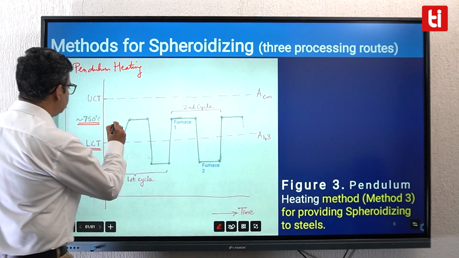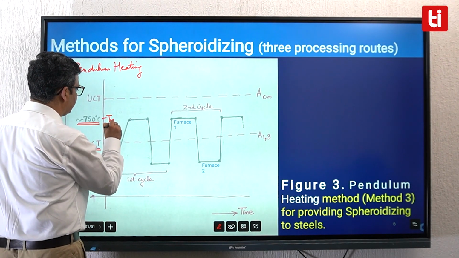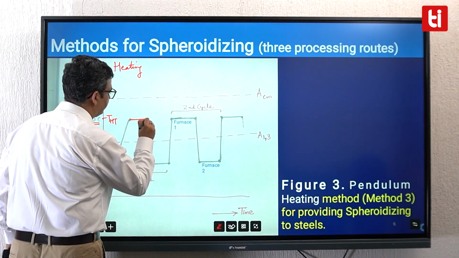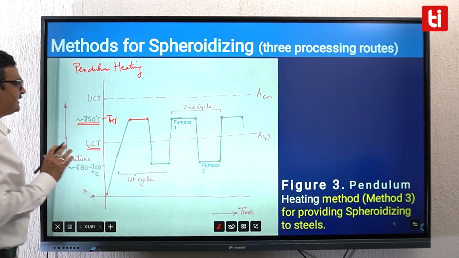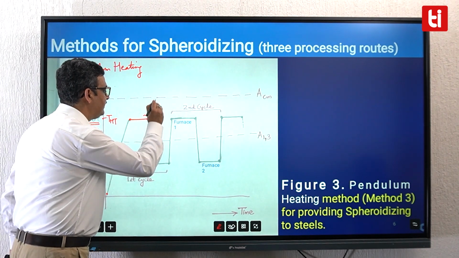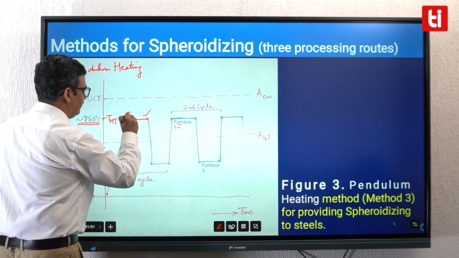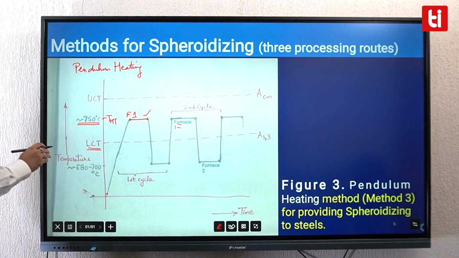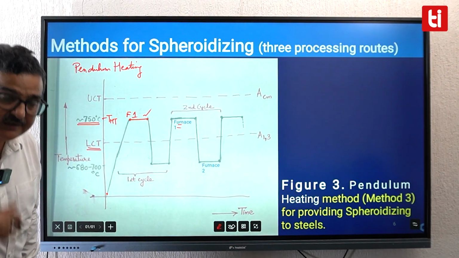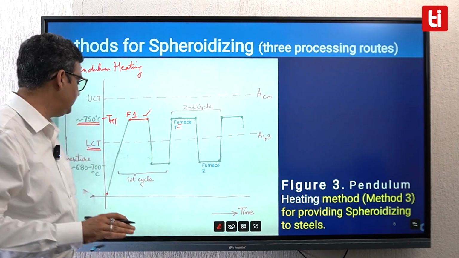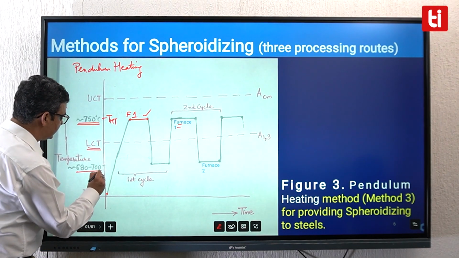You hold the steel at this heat treatment temperature for some period of time, and when that stipulated holding is complete, so this was achieved in furnace 1. Now the steel needs to be immediately taken to a temperature lower than the lower critical temperature of the steel, somewhere in between 680 to 700.